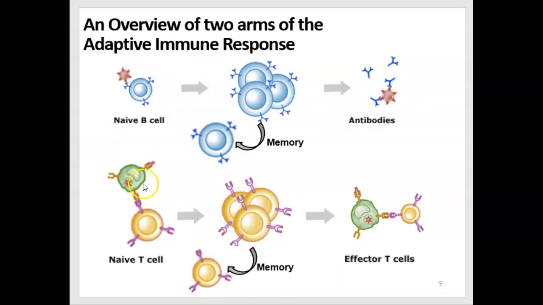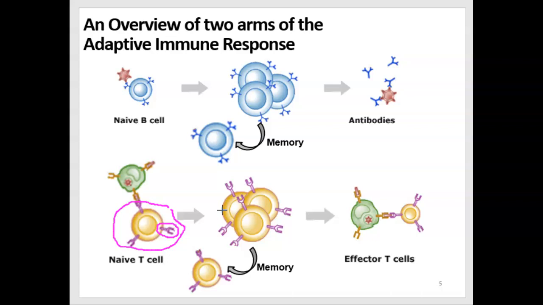Now, the cell-mediated immune response involves T lymphocytes that recognize this virus, not B lymphocytes. So here we have a T cell that has this purple T cell receptor on it. And rather than being able to bind to a free-floating virus, this T cell has to be presented with the virus by one of your body's cells.